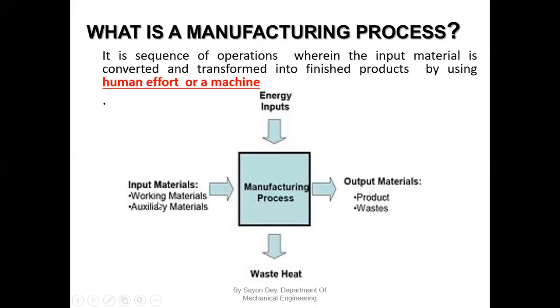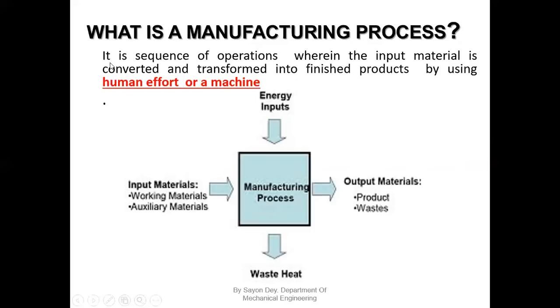One is the working materials and the input of energy, and there are auxiliary inputs, and there are mainly two outputs. That means output materials, the product or wastages, and output of waste heat. This entire system is under the manufacturing process.